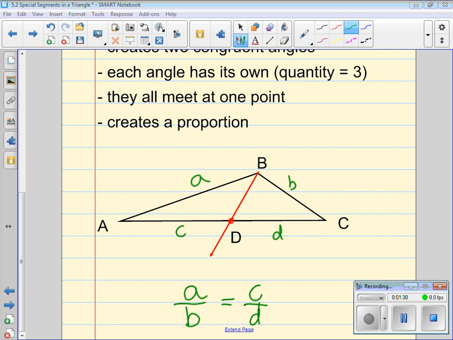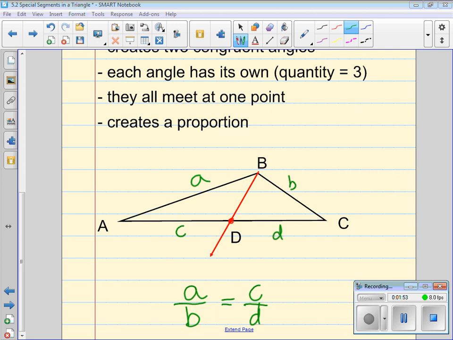So as you can see in this picture, when I create this angle bisector, it creates 4 distinct pieces out of that triangle. Okay, so going from A to B, capital A to capital B, creates a small segment, or a small letter segment called A. And I could use any letters I want, K, L, T's, or whatever. So these letters I'm choosing are not related to the angles.